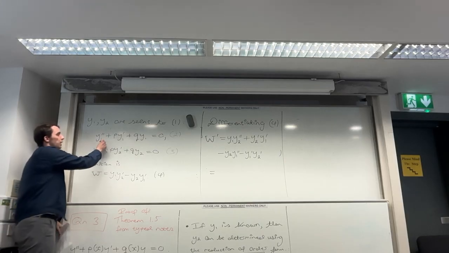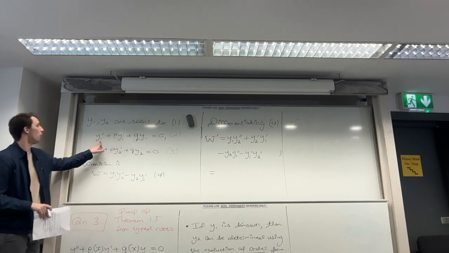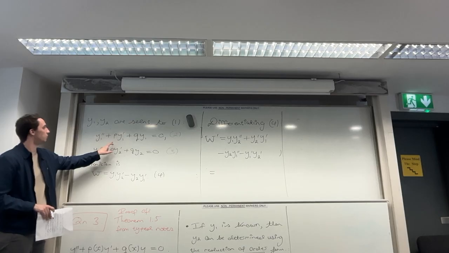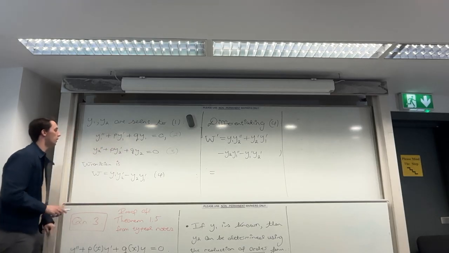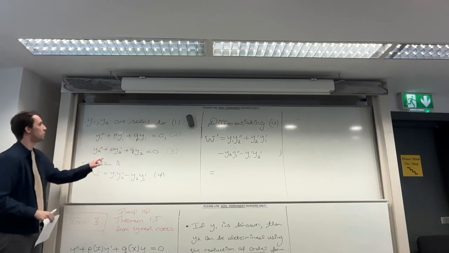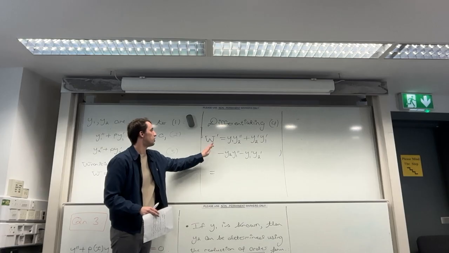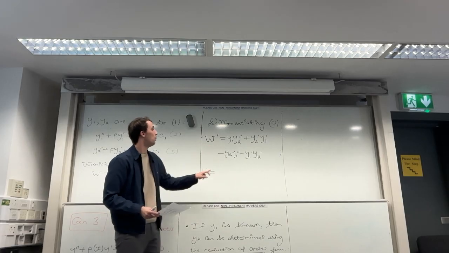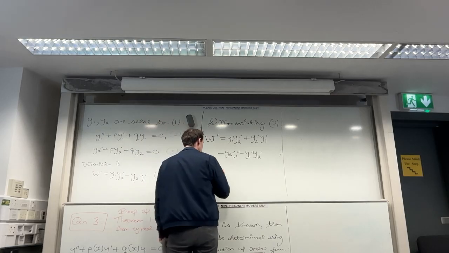If you rearrange equation 2 to solve for y1 double prime, then y1 double prime is going to be equal to minus p y1 prime minus q y1. Similarly, we can solve equation 3 for y2 double prime. And then substituting both of those expressions into our equation for W prime, we can eliminate all of the second derivative terms. So, doing that, what do we get?